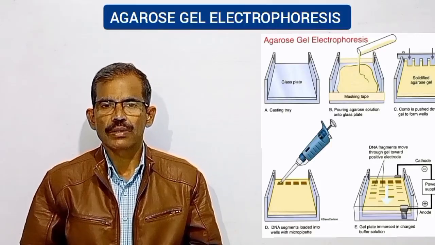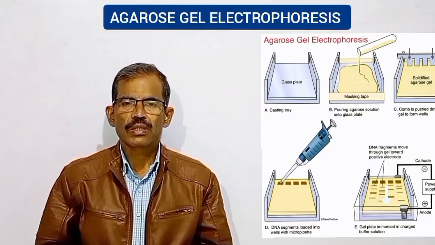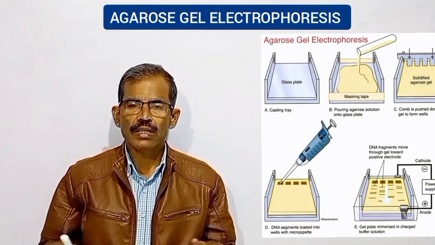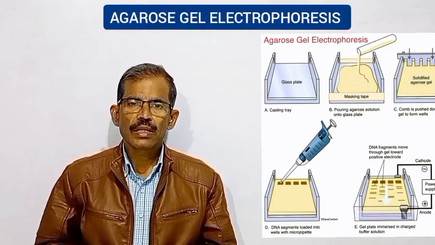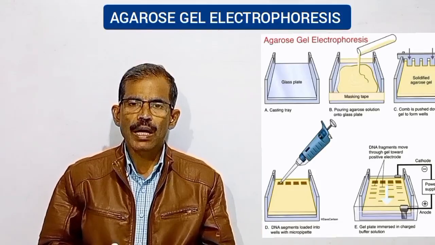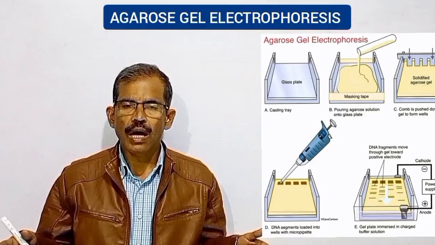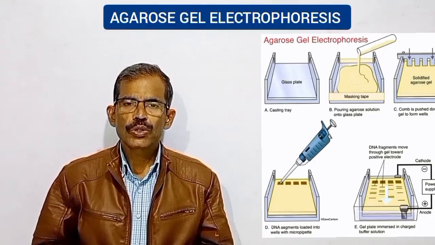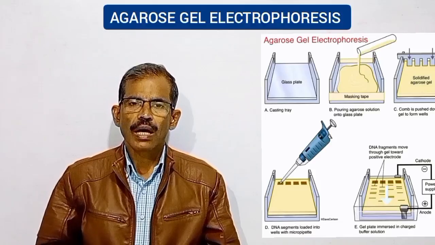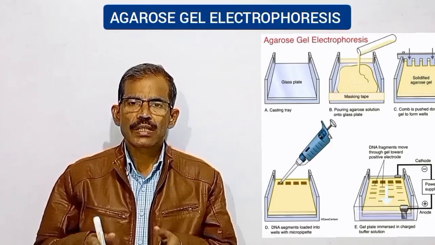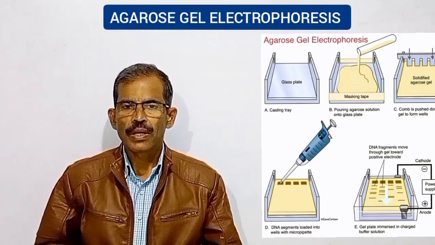Agarose is a natural colloid extracted from certain seaweeds. It is a linear polysaccharide made up of the repeating unit agarobiose, which consists of alternating units of galactose and 3,6-anhydrogalactose.